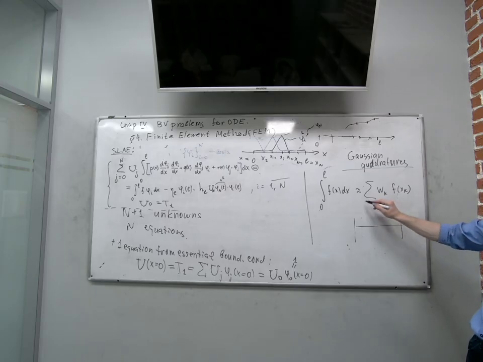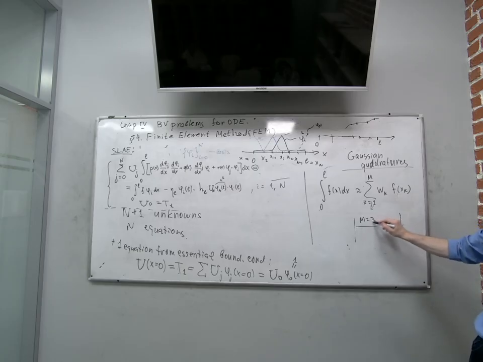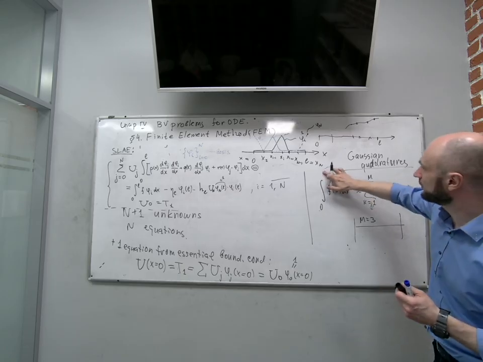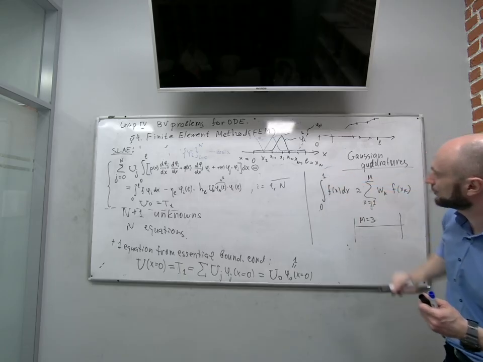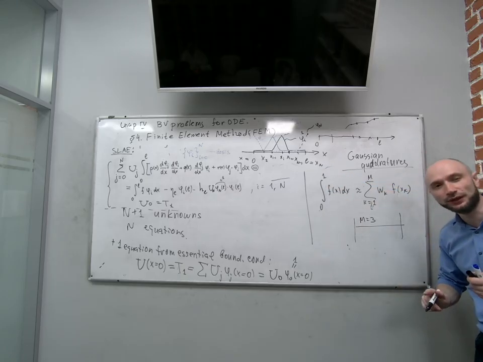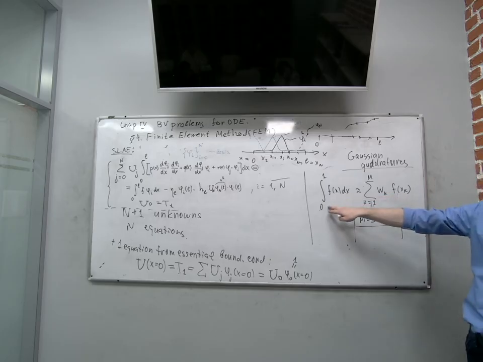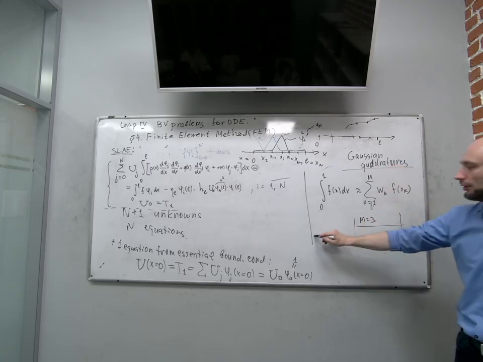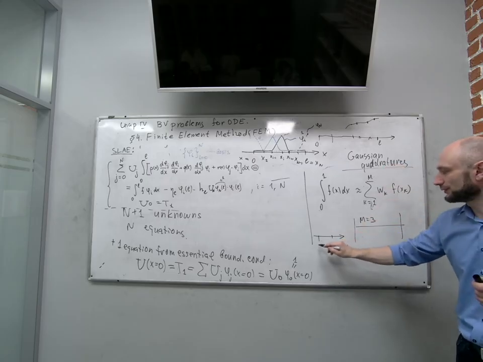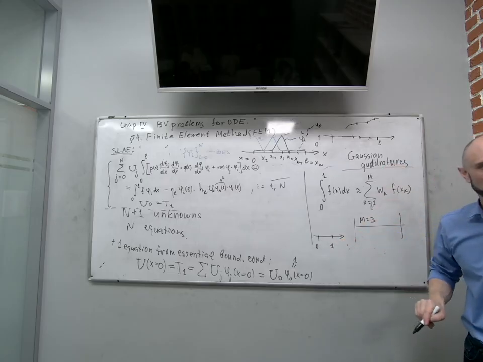For example, if we want to take say 3 points of Gaussian quadratures, and by the way, I should have written integral from 0 to 1 here, from 0 to 1. The Gaussian quadratures are usually defined for some canonical interval, from 0 to 1, for example.